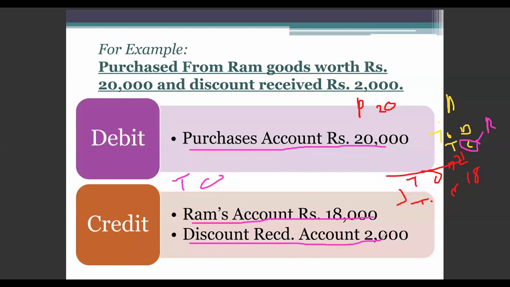We simply cannot write on debit side 20 and credit side 18 because this will lead to a mismatch. And any mismatch in two effects creates a suspense account or chaos in accounting. And that's why we always need to remember that in accounts, we have two effects. One is a debit effect, and second is a credit effect. So every transaction has to be recorded twice.